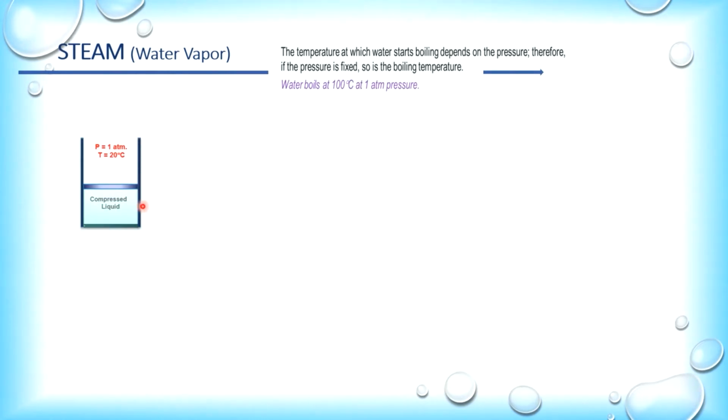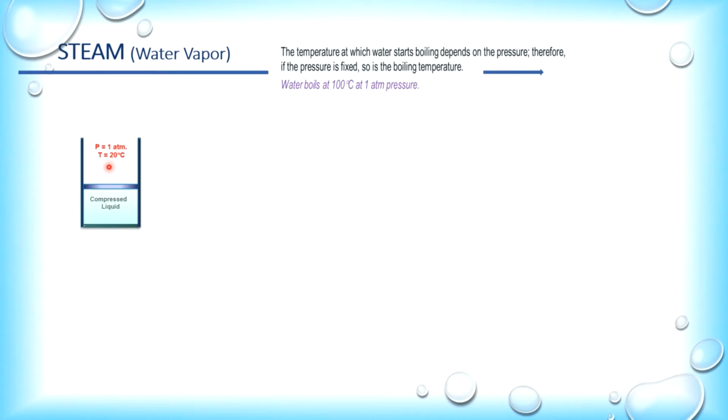So let's say we have a cylinder with a piston. We place a weight on top of the piston so that the pressure exerted on the liquid below is fixed at 1 atmosphere.